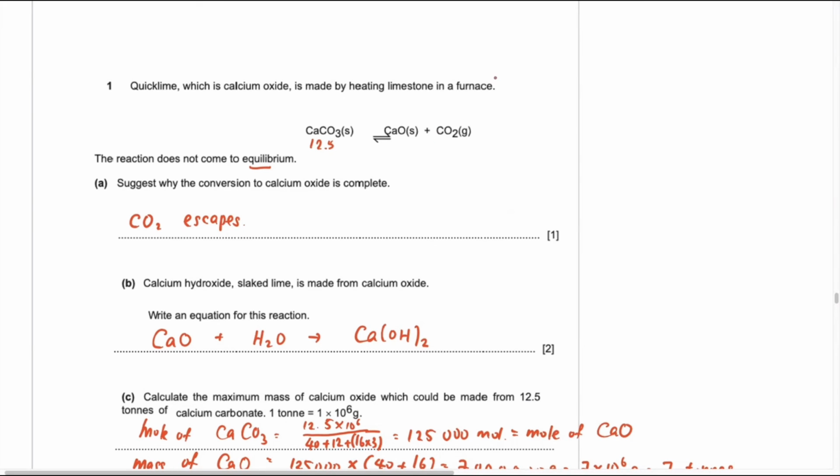But the thing is, carbon dioxide is not around anymore. So that's why once they form, the product cannot change back to reactants. That's why they say once they form calcium oxide, then the conversion is complete. Backwards cannot happen because carbon dioxide escapes.